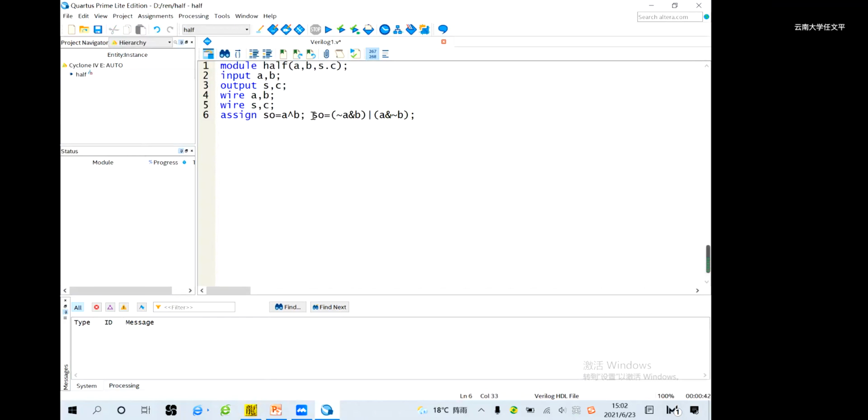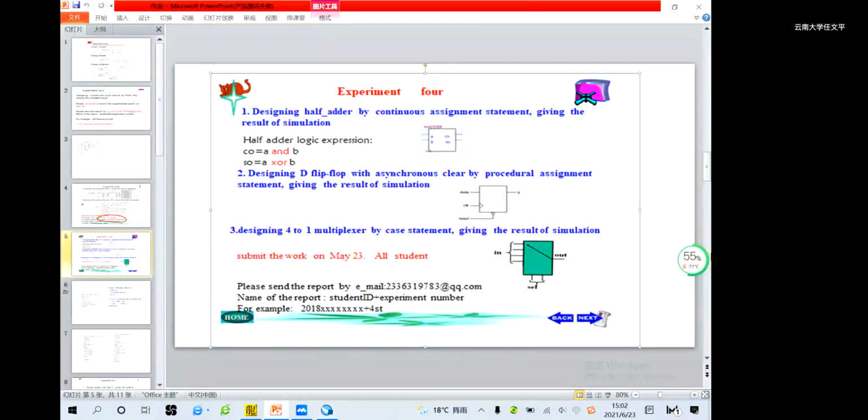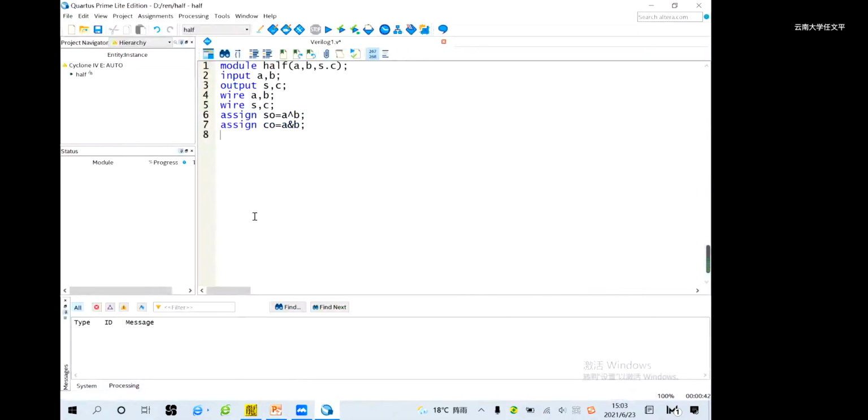Same function, write one, writing one is enough. This statement and this statement can be omitted.